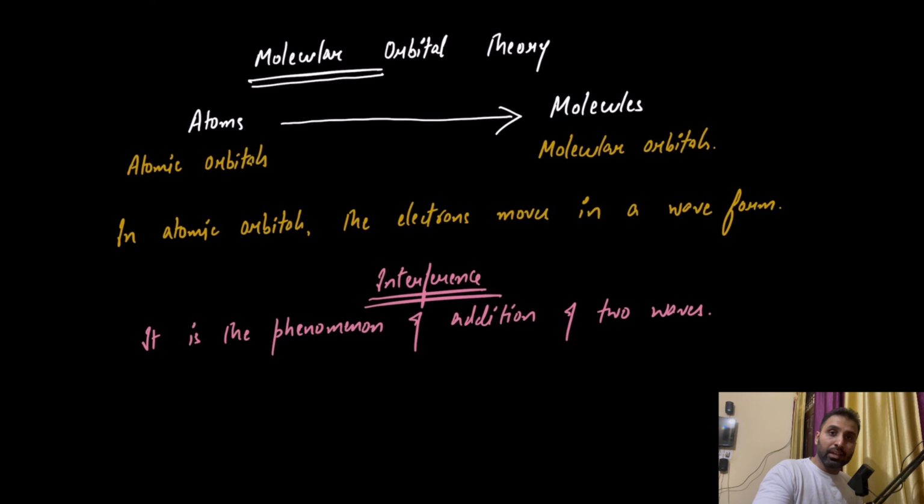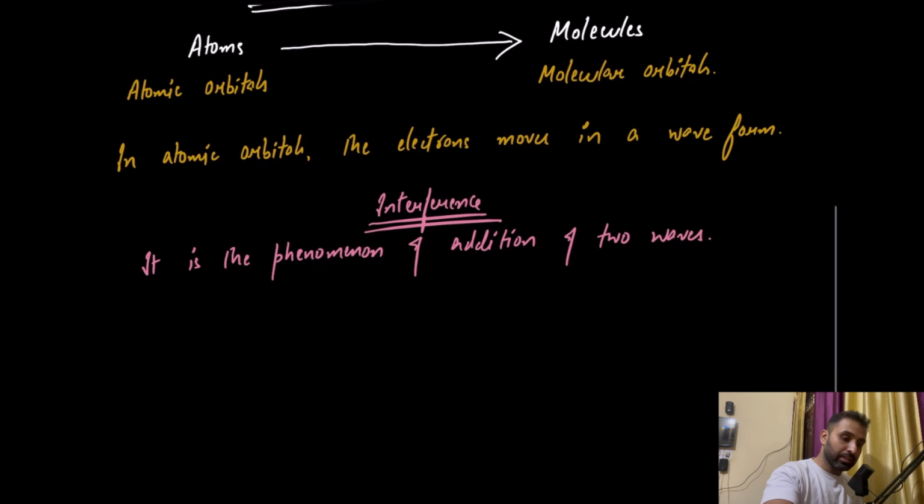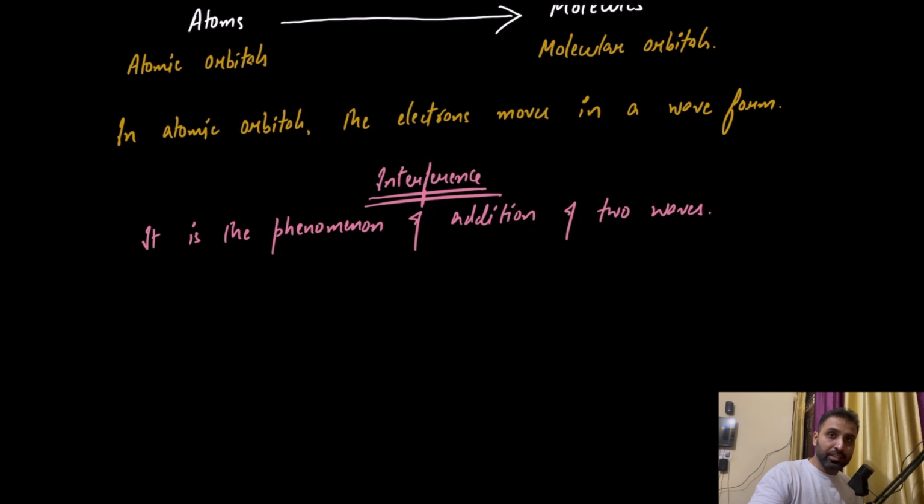As electrons are moving in waveform in the atomic orbitals, and two atomic orbitals containing one electron each are combining, two electronic waves are going to be added. For that we have to deal with the phenomenon called interference. Interference is of two types: constructive interference and destructive interference.